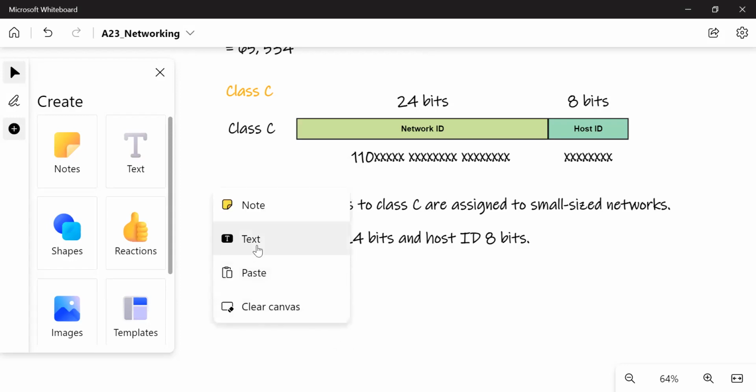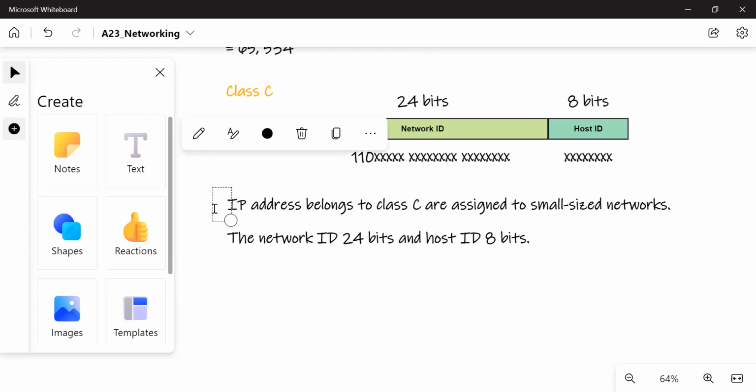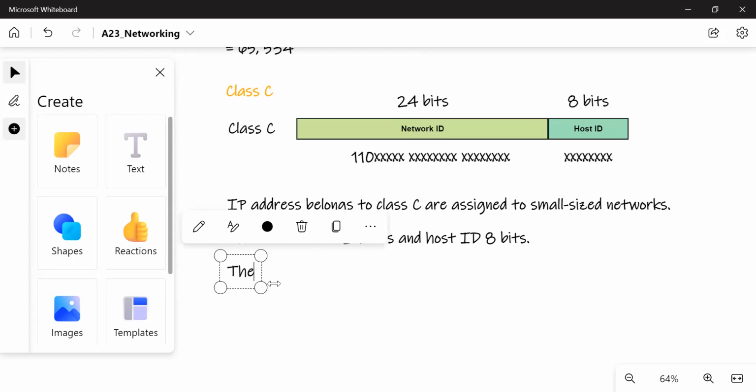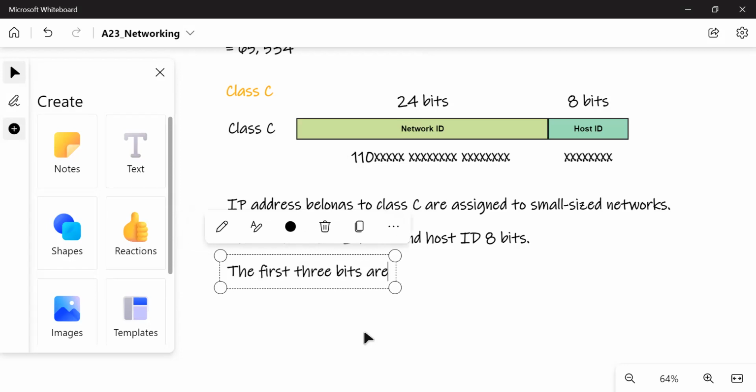And the next, we could talk about the first 3 bits. The first 3 bits are always set to 110.